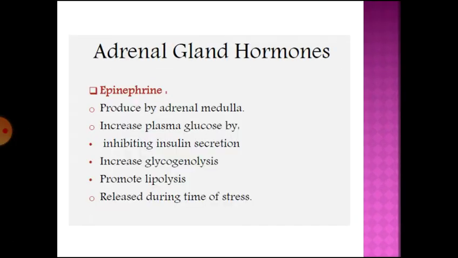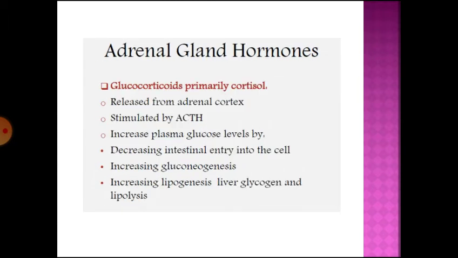The adrenal gland secretes epinephrine, produced by the adrenal medulla, which increases plasma glucose by inhibiting insulin secretion, increasing glycogenolysis, and promoting lipolysis, released during times of stress.